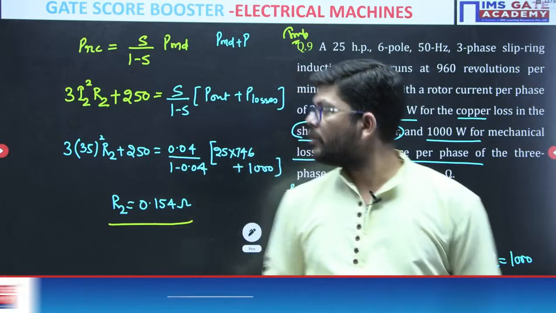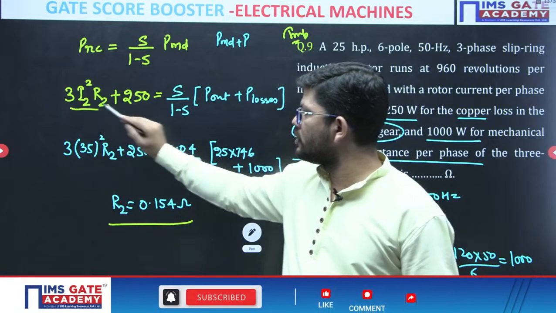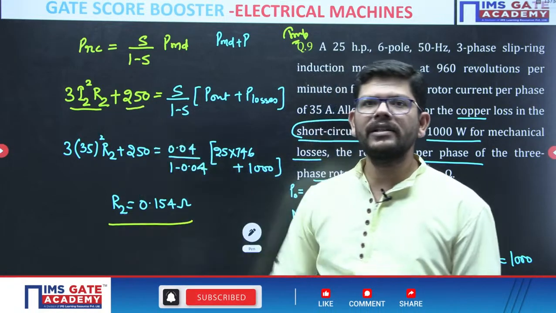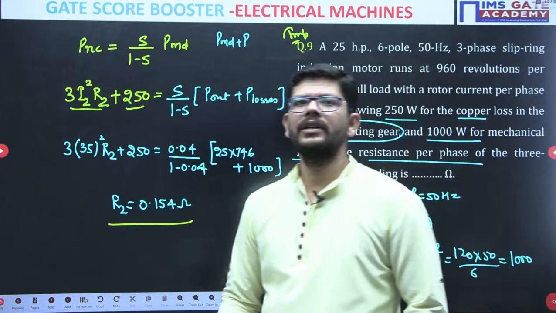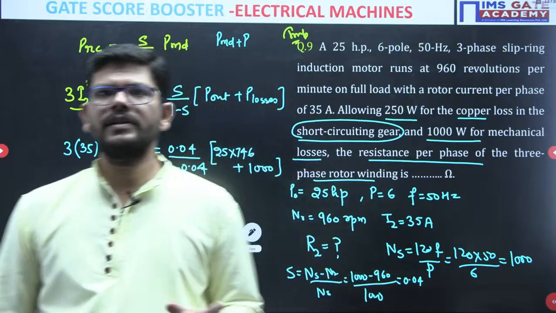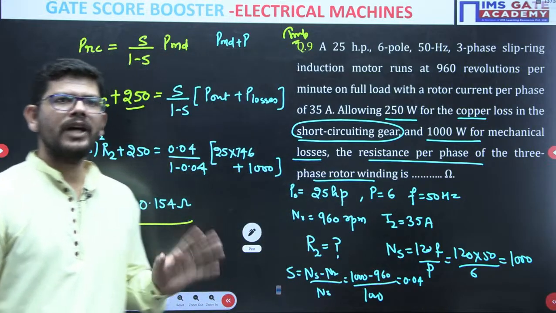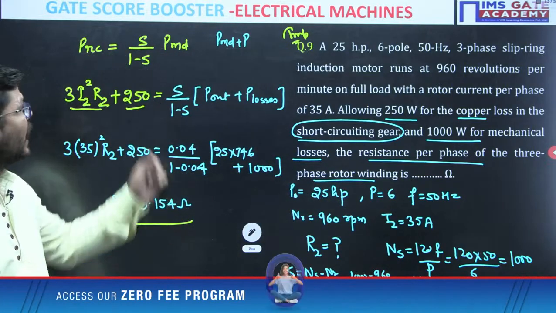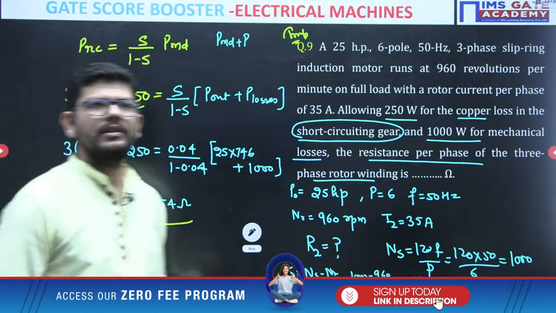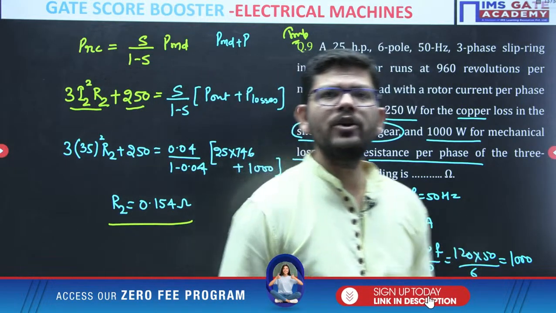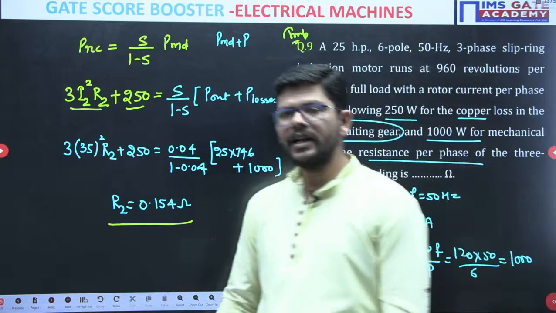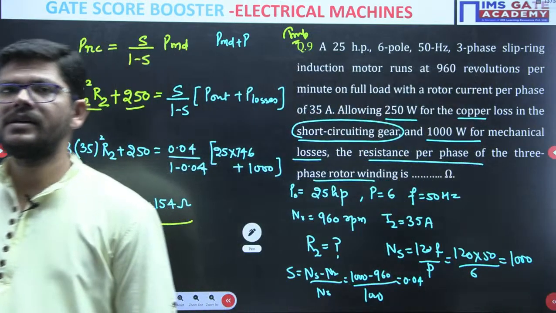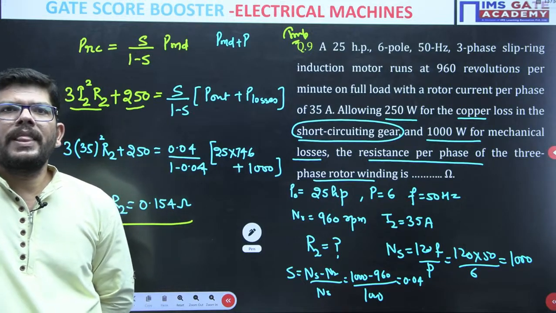So total copper losses is this much normally occurring plus this additional loss, right? And then you calculate R2. Isn't it a very good, confusing question? So now you have practice of that as well, and this relation is very important. Got it? How many of you understood this question? Tell me, anybody having any doubt?